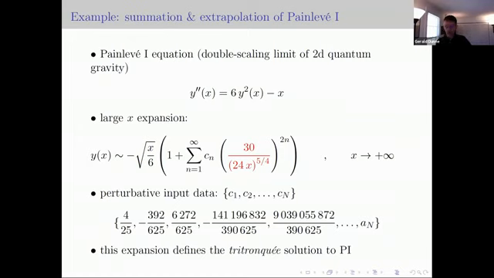I'm going to show it from the point of view of summation, in the sense that I'm not trying to solve the differential equation. I'm starting with an asymptotic expansion to the formal solution and trying to rebuild the function from the series. So it's sort of solving the differential equation, but through the route of a series expansion.